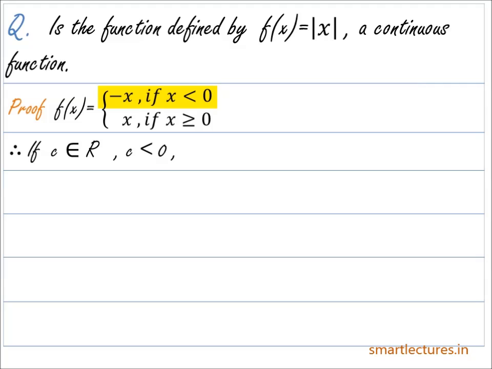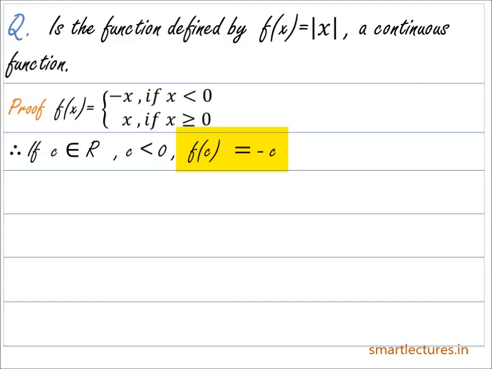Now as per the definition of the modulus function, if x is less than 0, then f of x is equal to minus x. And if c is less than 0, then f of c is equal to minus c. And now what will be the limit of the function when x approaches c?